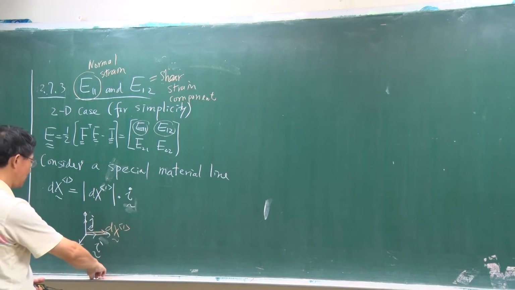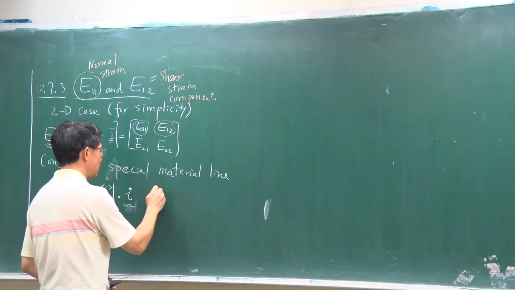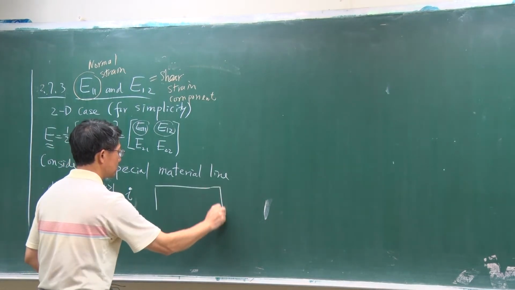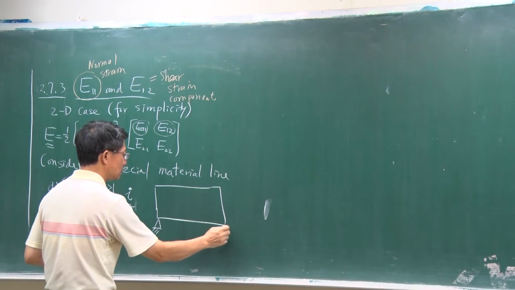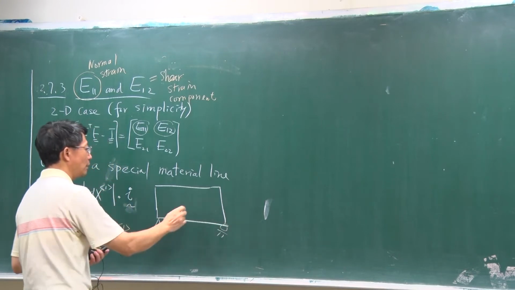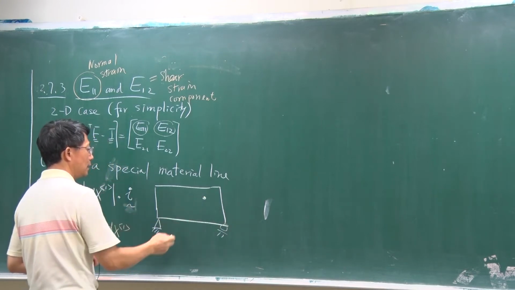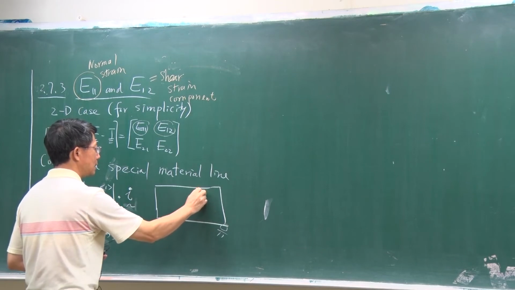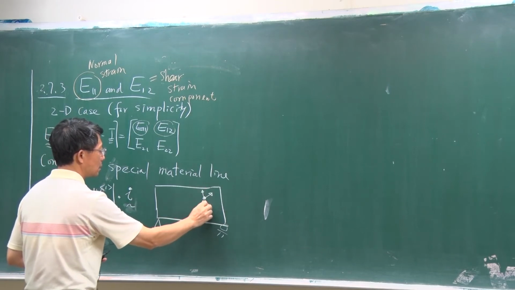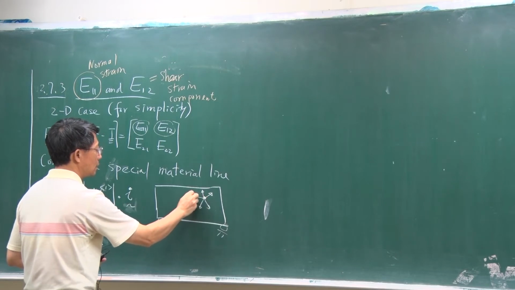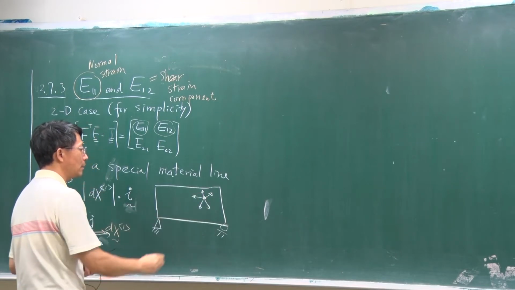Let me draw a more concrete picture, for example, with a beam. We have a point here, and then we have a lot of material lines. Which material line are we talking about?